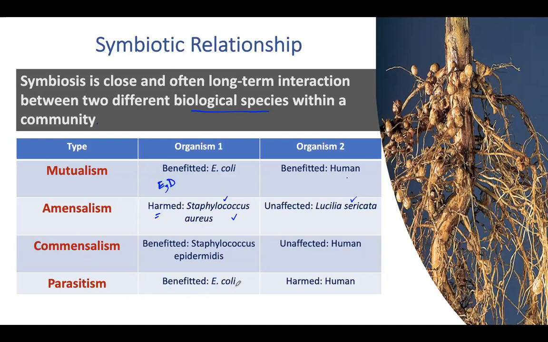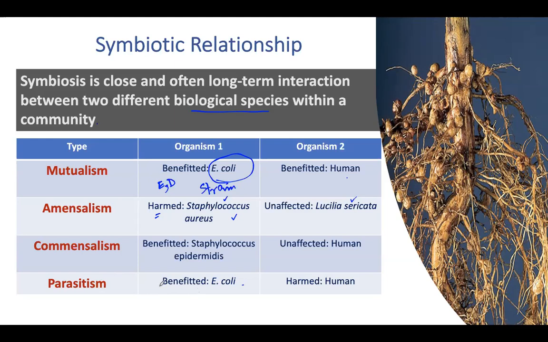Parasitism: one organism is highly benefited, and another organism is harmed. So over here, I gave you one example of mutualism where, make sure you every time remember that, one specific strain of E. coli has a mutualistic relationship with human. Other strains of E. coli are very, very harmful, they're pathogenic for us.